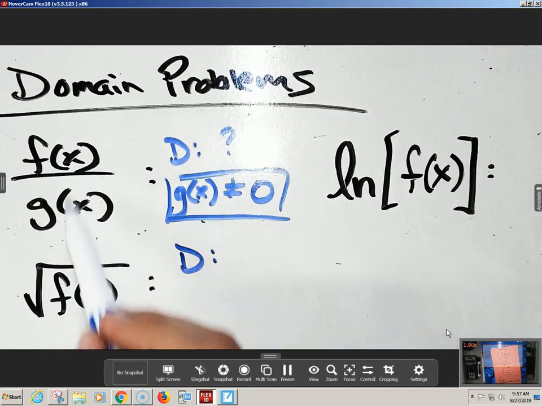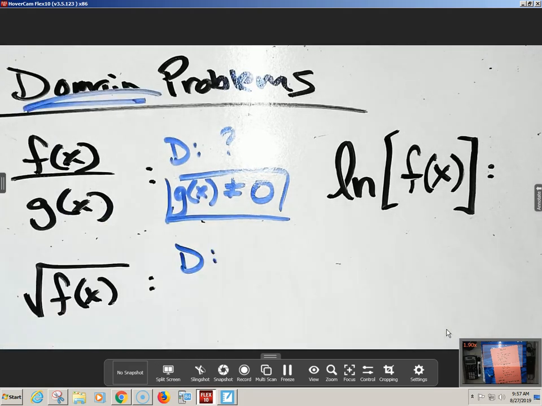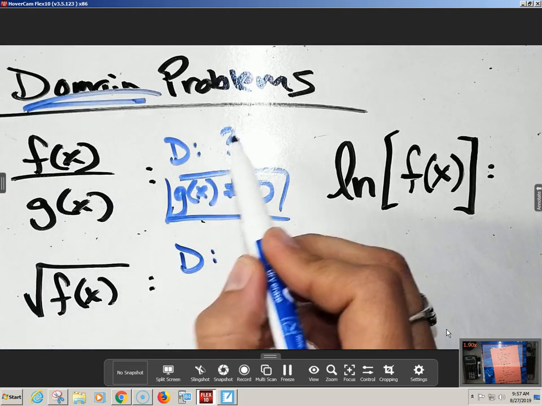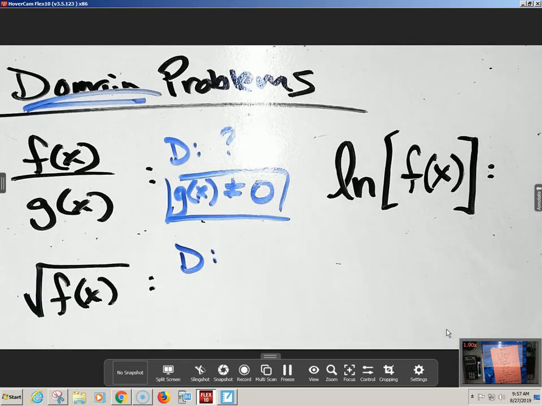So if you have a denominator, you're trying to answer domain. In order to answer domain, you have to think about the denominator can't be 0. But if you have a radical to get to the domain, you have to think about how the argument has to be greater than or equal to 0.